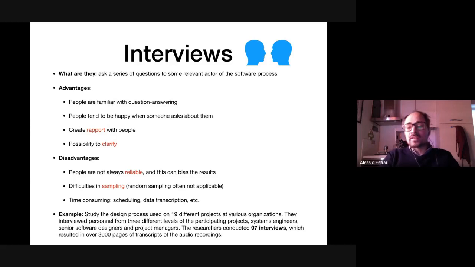So not just the developers, but also the designers, the project manager, and the different levels of management that you might have in the company, because all these people have different perspectives, and very frequently they are opposite perspectives, okay? And in this case, they conducted 97 interviews and 3,000 pages of transcripts, like a very large amount of interviews.